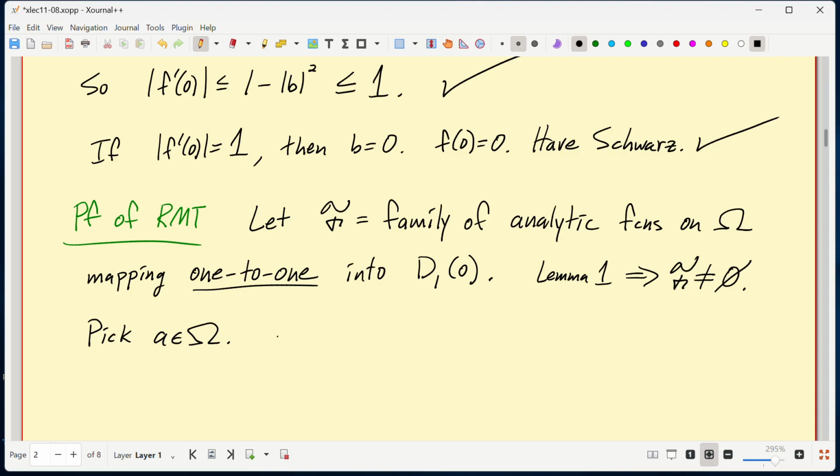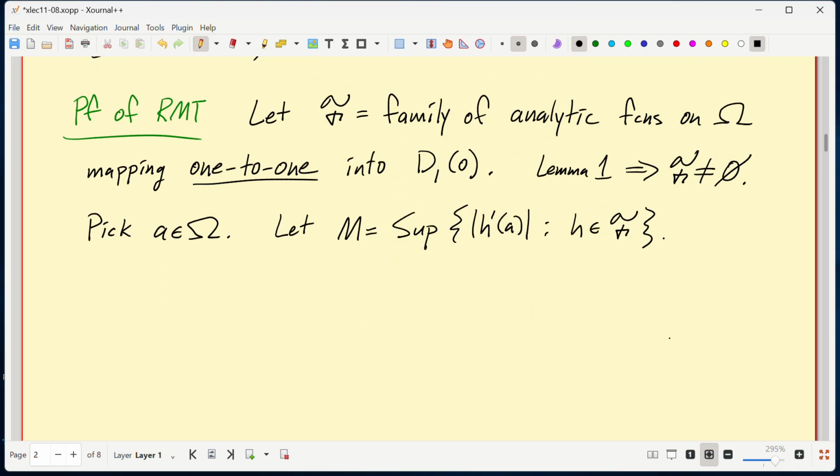And so let M be the sup of the modulus of the derivatives at A of the functions in script F. The first basic step is to say that M is finite. So step 1, M is finite. And that's an easy thing to see.